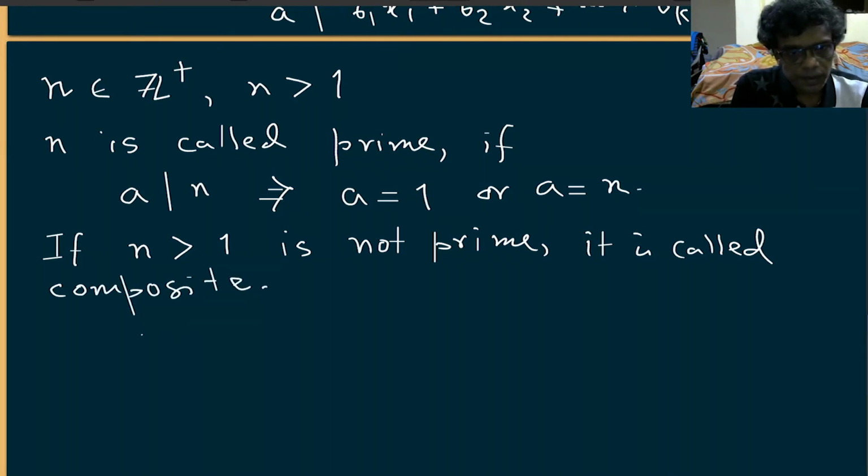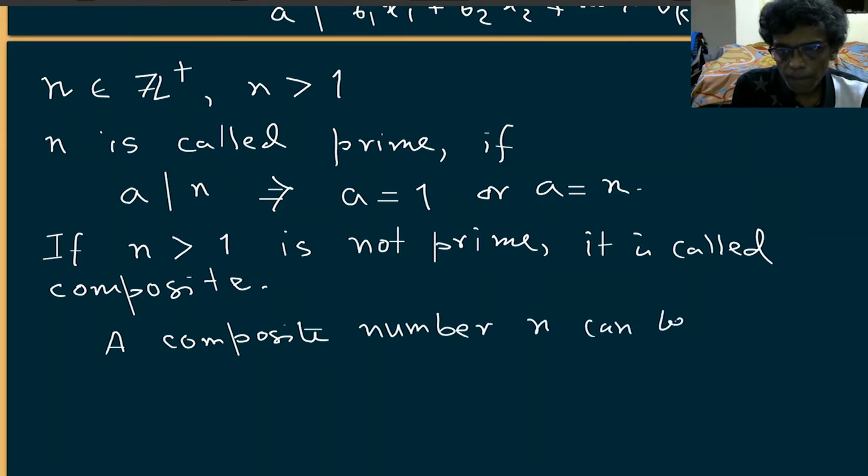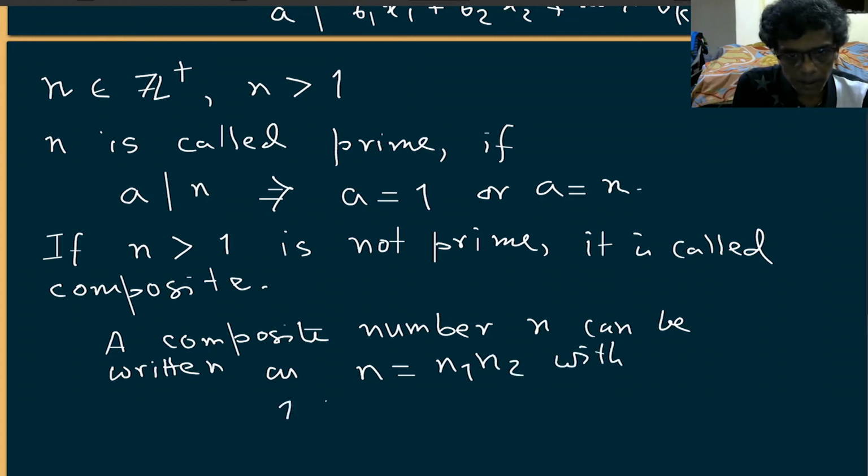So that means a composite number n can be written as n equal to n1 n2 with 1 less than n1 less than n and 1 less than n2 less than n.